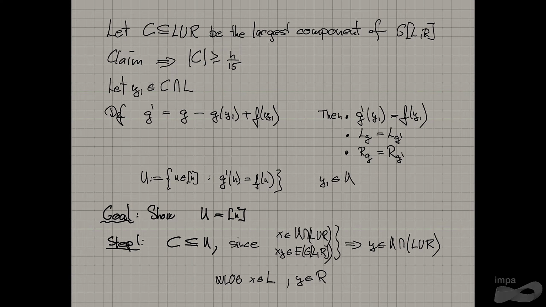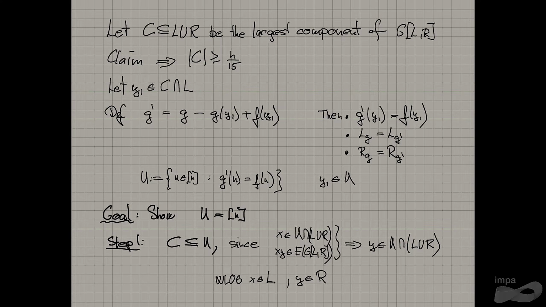So let's take now this largest component and let's take a vertex in it on the left side. As my first step, I'm going to shift G such that in this vertex, G prime, the shifted G, agrees with F. I can shift G, this is isometric.